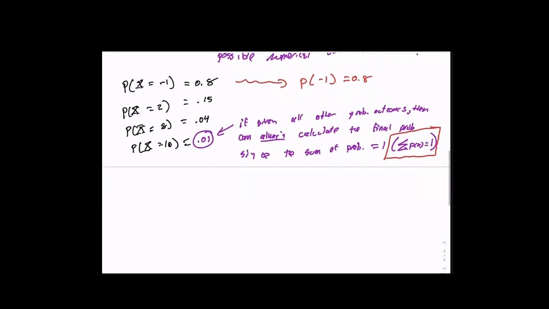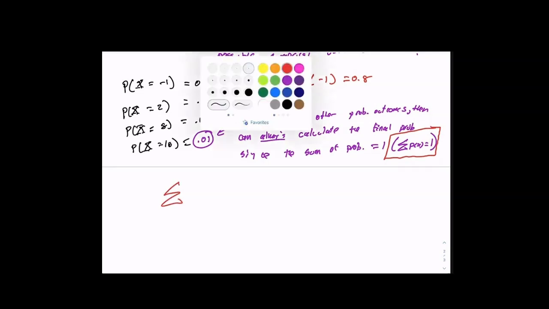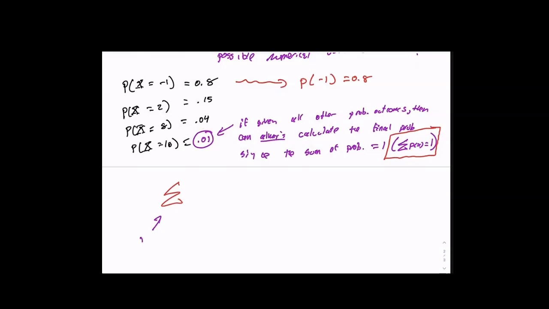The notation is that this means the sum, and typically we say from i equals 1 to i equals n, to our final one, of p of x sub i is 1.